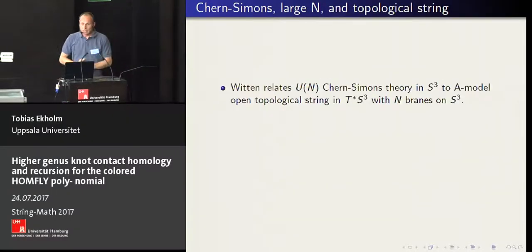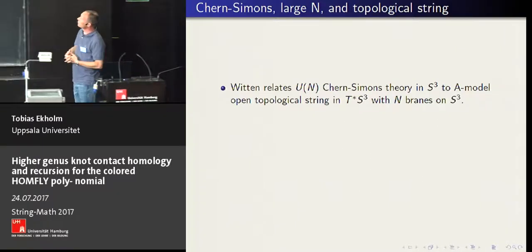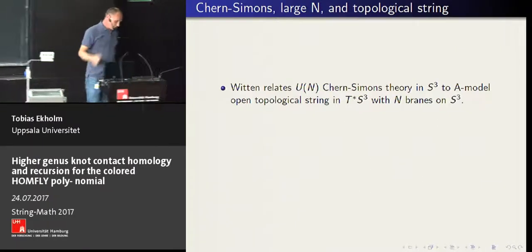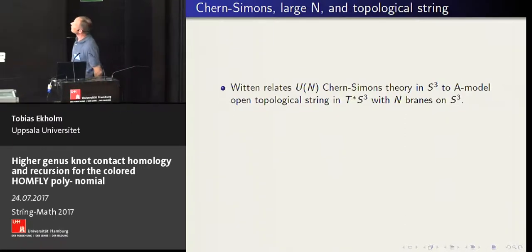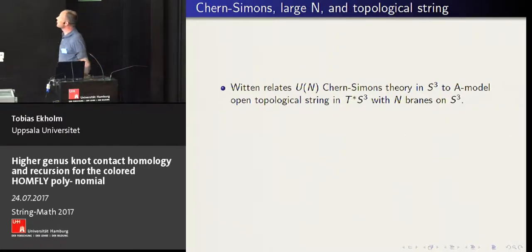Okay, so now we are going to relate the introduced HOMFLY invariant and open topological strings, or if you want, Gromov-Witten theory. So the first step is Witten's result relating U(N) Chern-Simons theory and a topological string model in the cotangent bundle of S3, where you put N branes along the zero section.